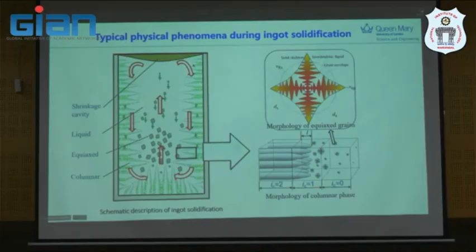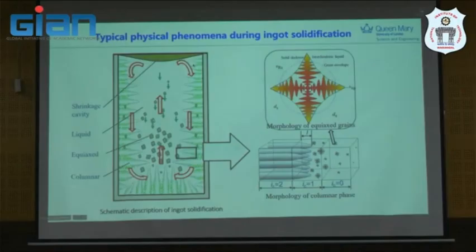Additionally, the columnar phase always grows from the border wall into the ingot center. During the growth of the columnar grain, it has the ability to catch the liquid equiaxed grain.